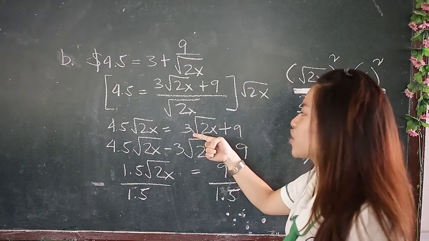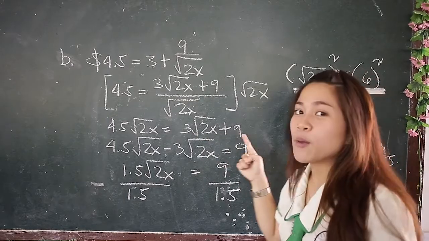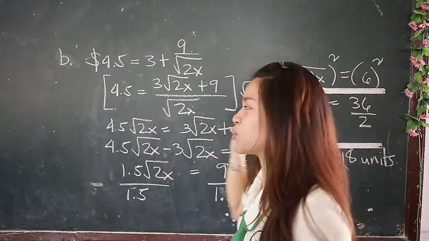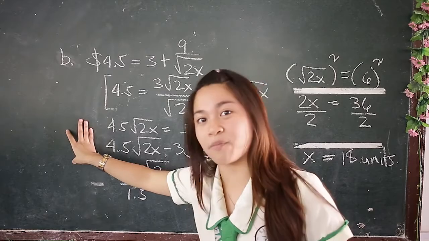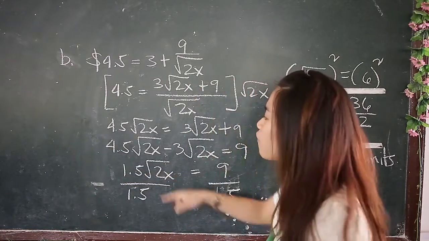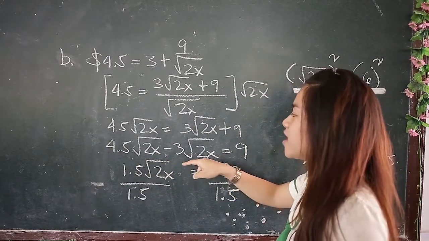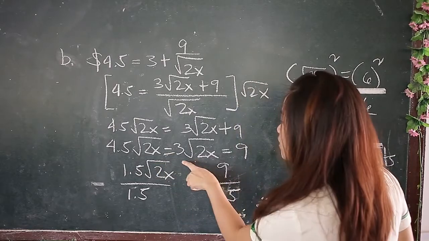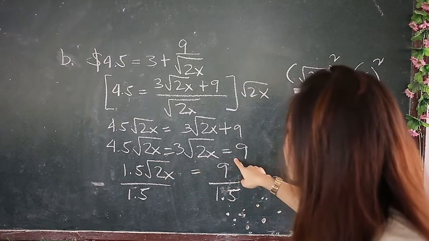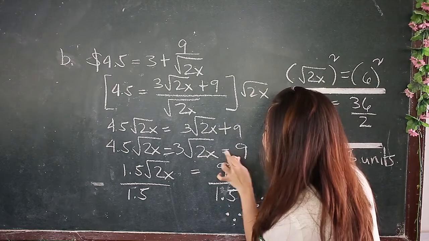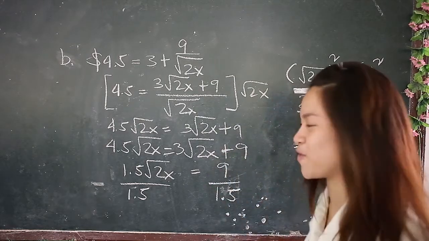So when you multiply this by square root of 2x, this becomes 4.5 square root of 2x is equal to 3 square root of 2x plus 9. Because if you multiply one side by square root of 2x, the other side is also multiplied by the same number.